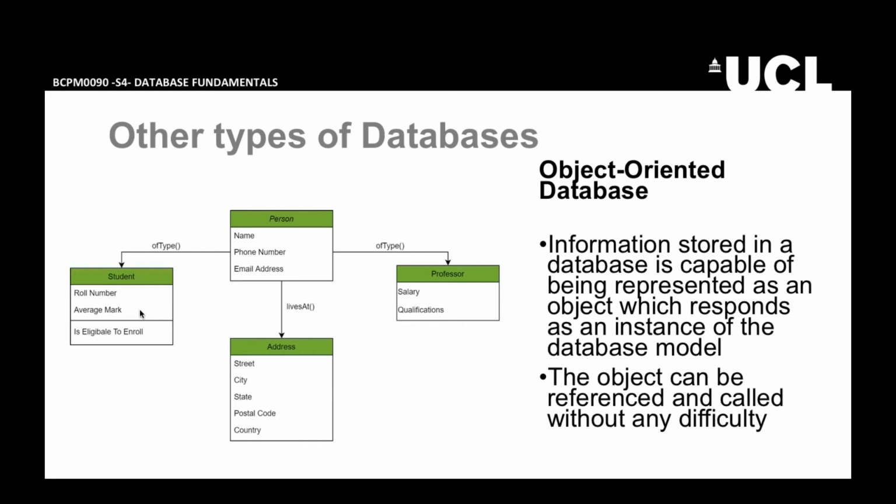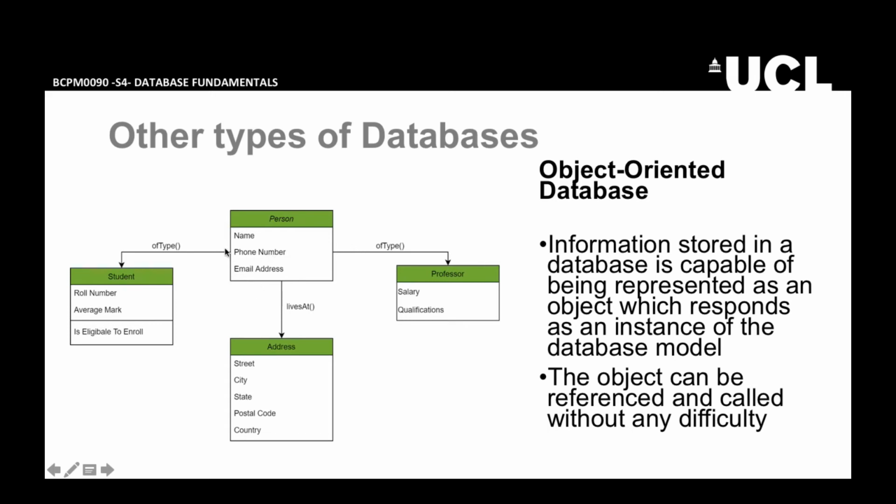Another type of database is the object-oriented database. In that case, the information is going to be stored in a database which is represented as a set of objects. Here in the example you can see 4 different objects: person, students, address, or professors. So here you have the main object, which is person.